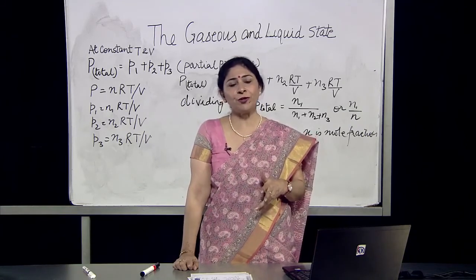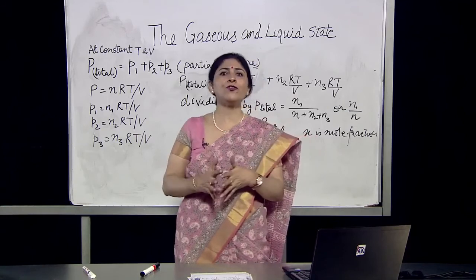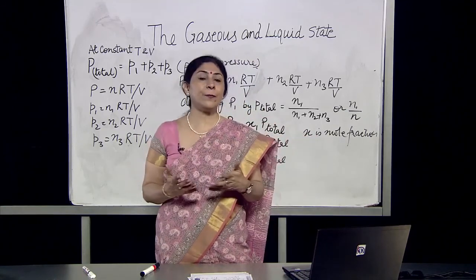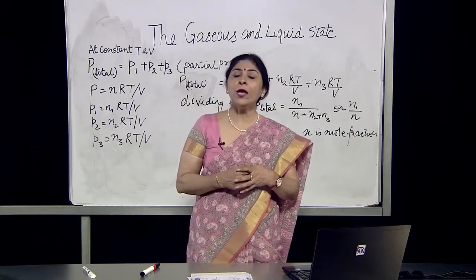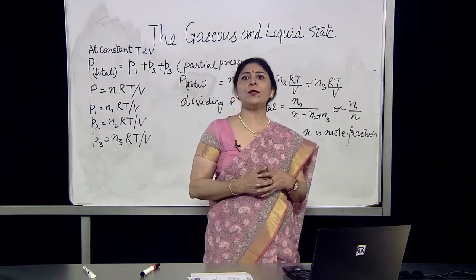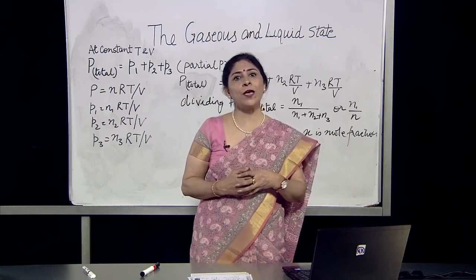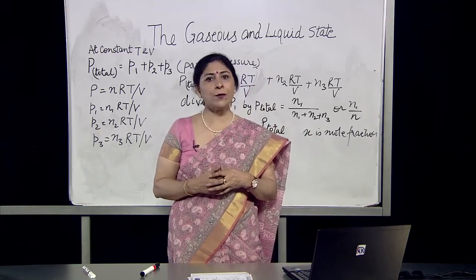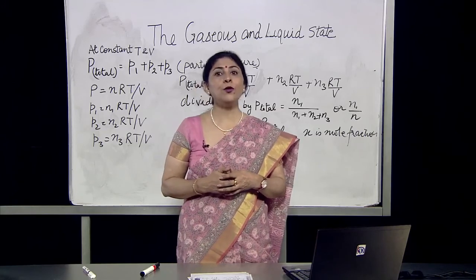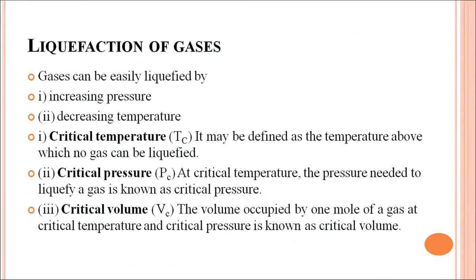Same goes for the pressure. You cannot apply just any pressure and liquefy the gas. At critical temperature, the pressure needed to liquefy a gas is known as critical pressure. Same goes with volume. The volume occupied by 1 mole of a gas at critical temperature and critical pressure is known as critical volume.